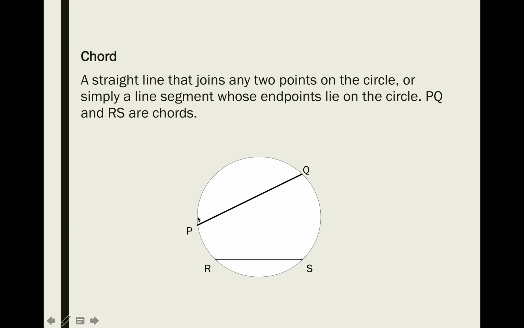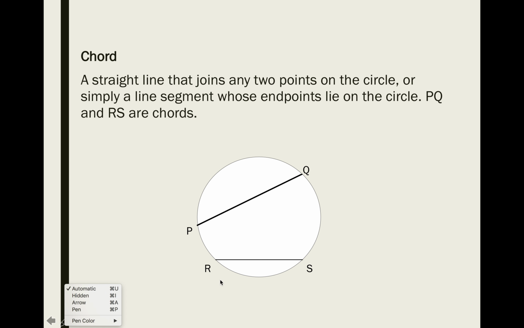A chord is a straight line that joins any 2 points on the circle, or simply a line segment whose endpoints lie on the circle. So it can be anywhere. It can be here to here, so PQ, RS. I can have it all the way down this way. I can barely cover it and go straight across.